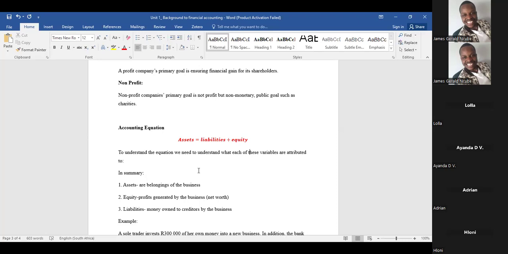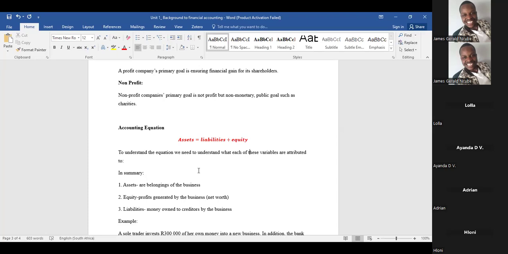I'll repeat that. An asset is, number one, any resource that you have in a business, number two, that you control, and number three, that will provide you a future economic value.